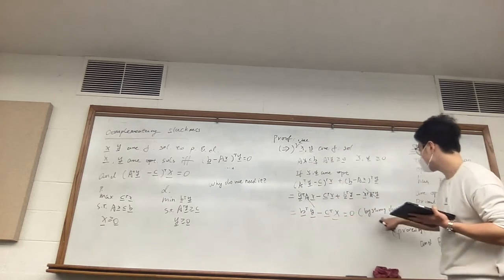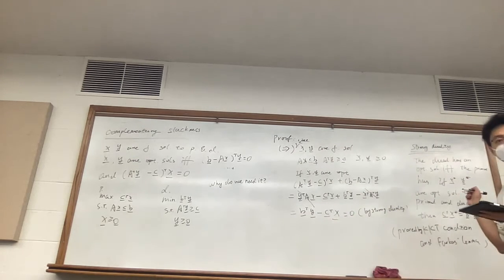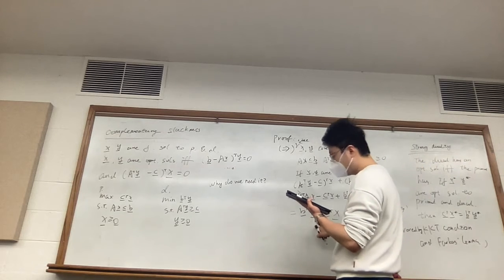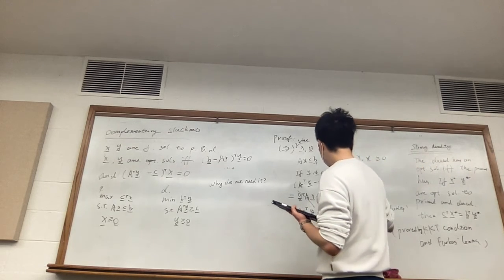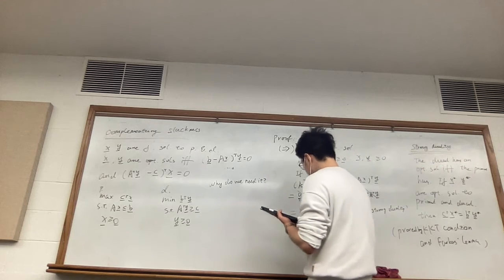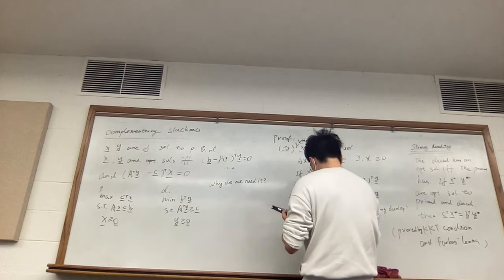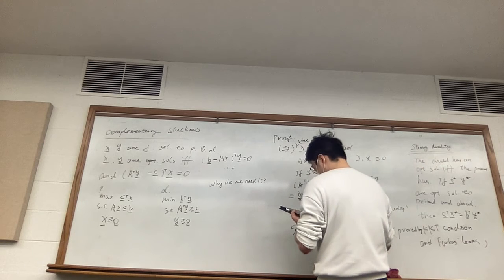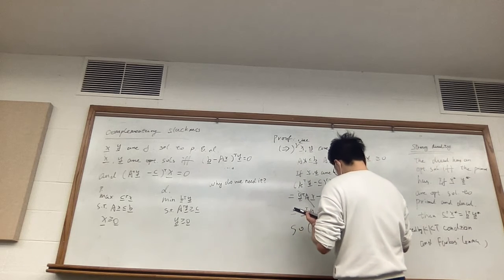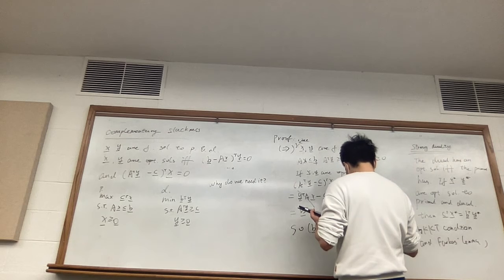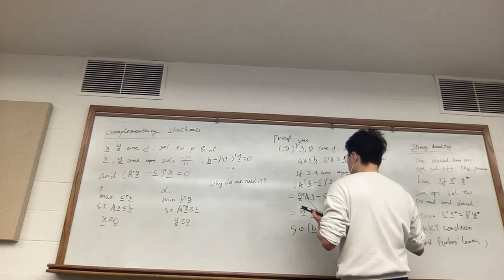So we have that (b minus Ax) transpose y plus (A transpose y minus c) transpose x equals 0.